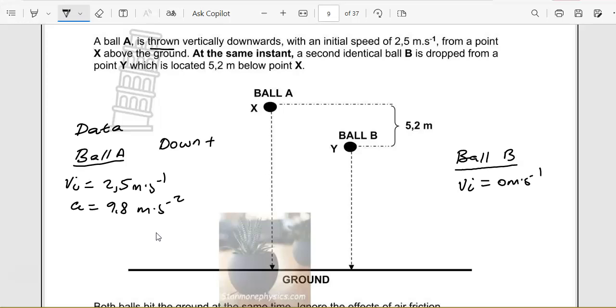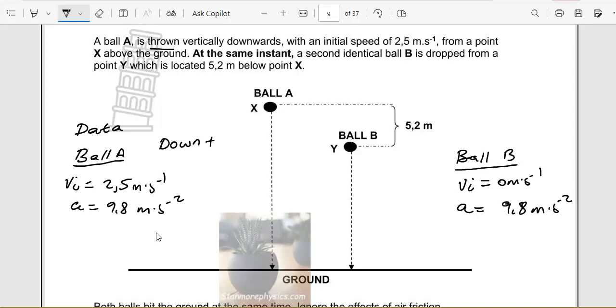This is what we understand so far, because we are trying to take this step by step. Ball B also has an acceleration of 9.8 meters per second squared, because it is traveling downwards. They said these two balls are identical.